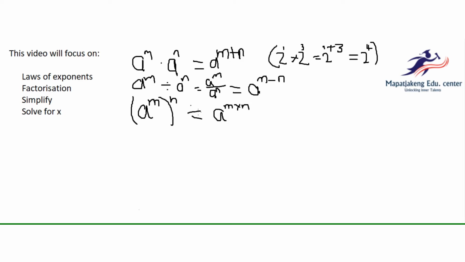I hope you still remember this content. And then any number to the exponent 0 always equals 1. You can say 1 million to the exponent 0 is 1, and so on, always.